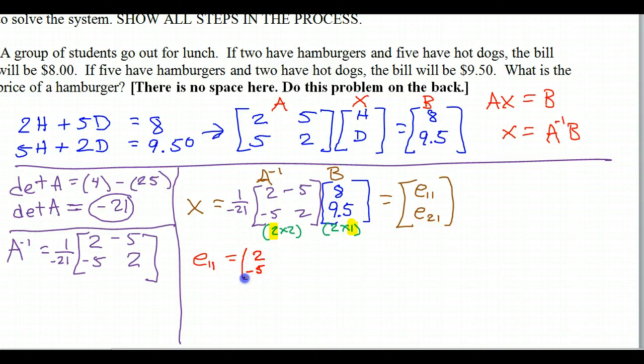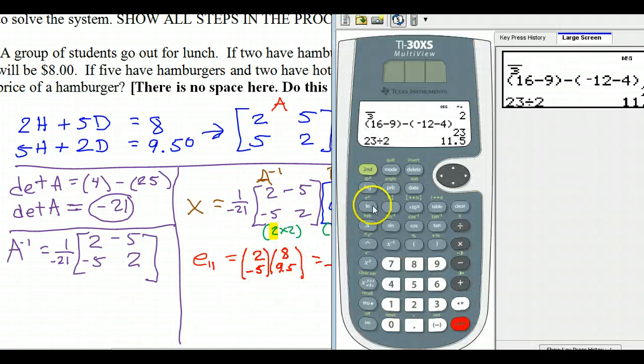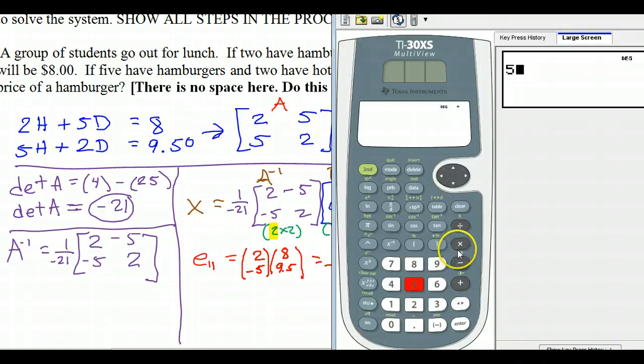The column 1 is our 8 and 9.5. So 2 times 8, that is 16. And 5 times 9.5.